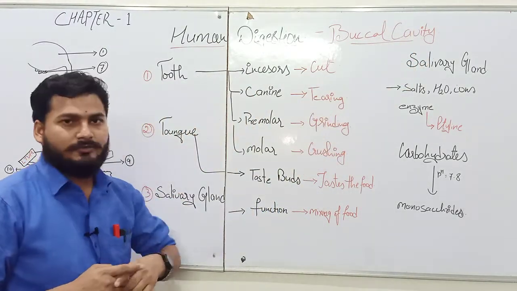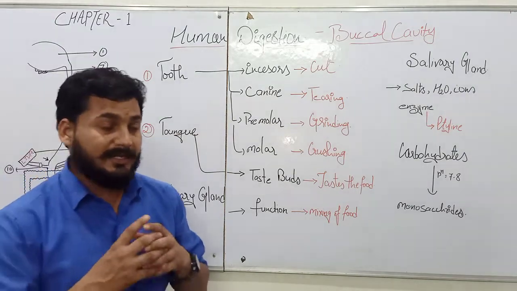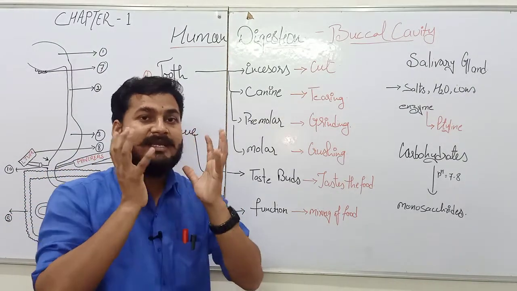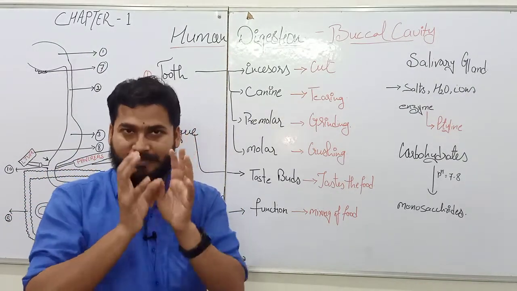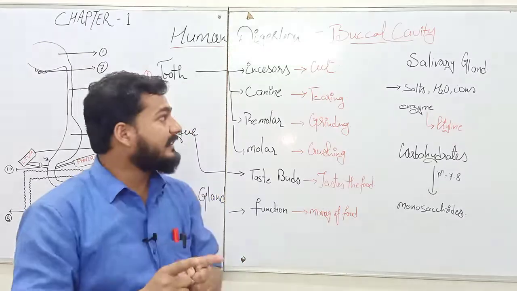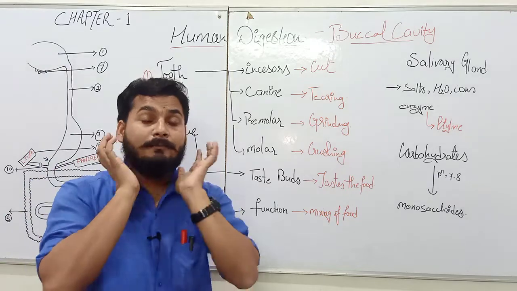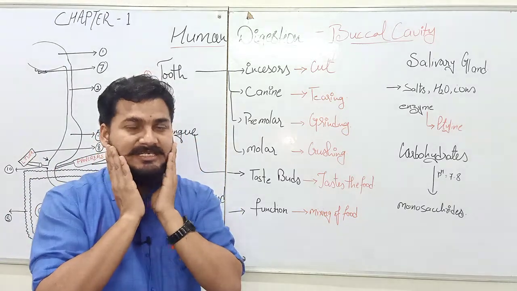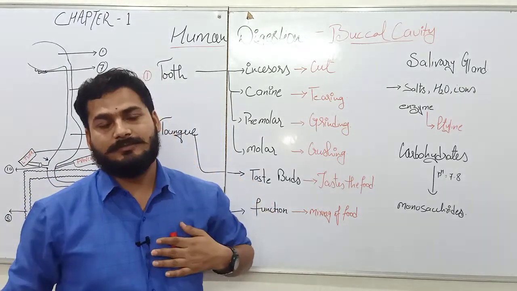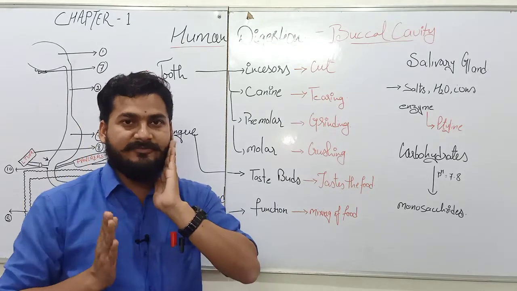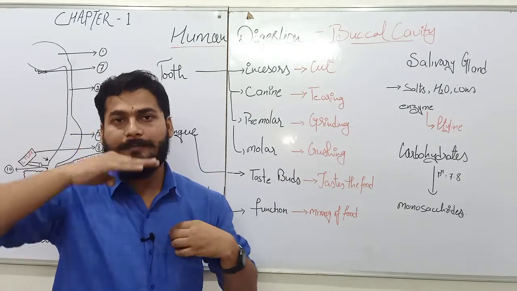Yesterday also I told you, and today once again I am going to tell you, the buccal cavity is defined as the space which is bounded by our cheeks and two jaws: the right cheek, left cheek, lower jaw and upper jaw.